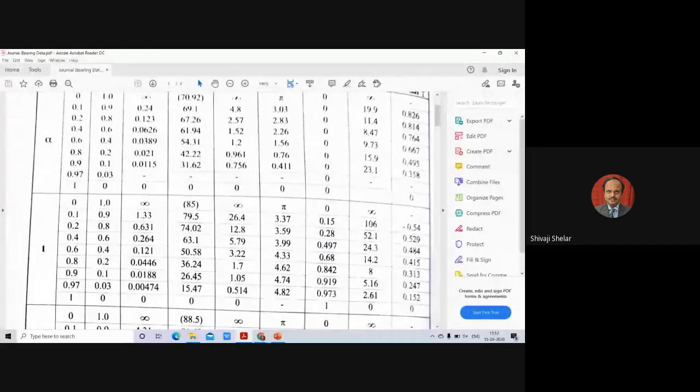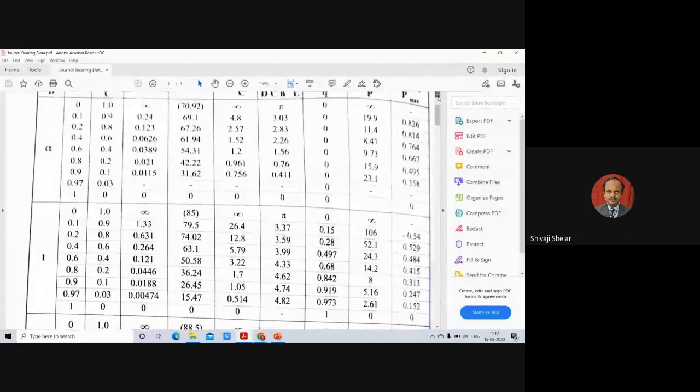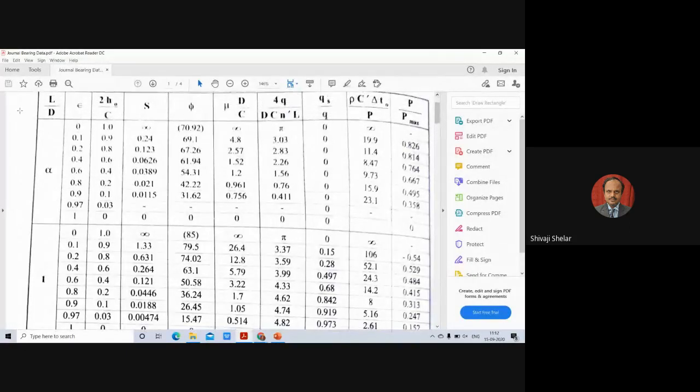In this data, we have now calculated your eccentricity ratio. Eccentricity ratio is the second column, epsilon. Our value of eccentricity ratio here is 0.75.